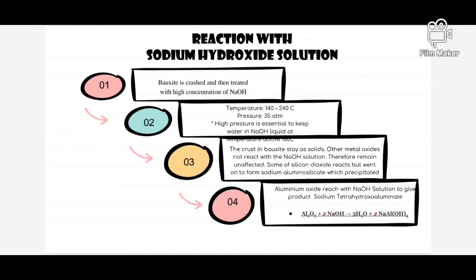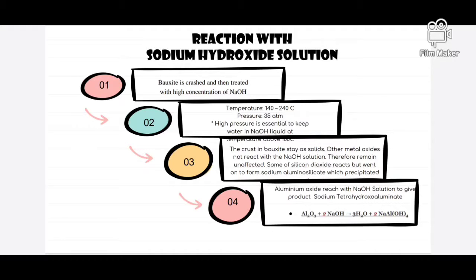So the first step is reaction with sodium hydroxide solution. Bauxite is crushed and then treated with a high concentration of sodium hydroxide at a temperature of 140 to 240 degrees Celsius and a pressure of 35 atm. Note that high pressure is essential to keep water in the sodium hydroxide liquid at temperatures above 100 degrees Celsius. The crust in bauxite stays as solids.